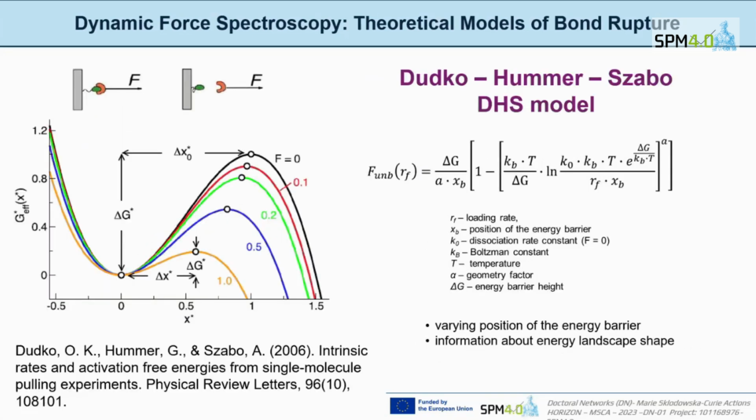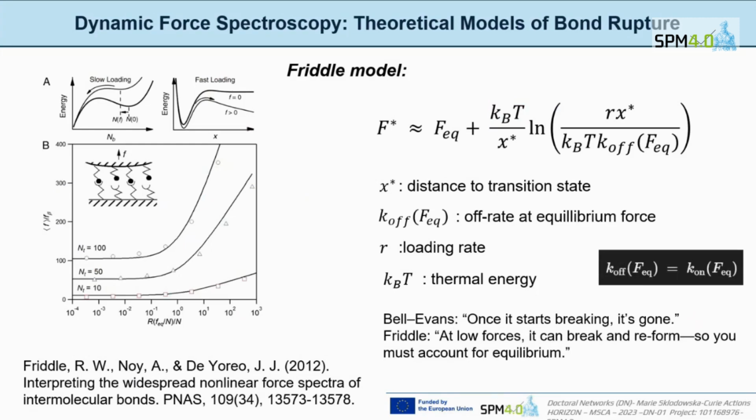This model has been developed further into the Dudko-Hummer-Szabo (DHS) model. Here they added a part that gives you information about the change in the position of the energy barrier. The third model is the Friddle model, which accounts for one more thing that happens during the experiment.